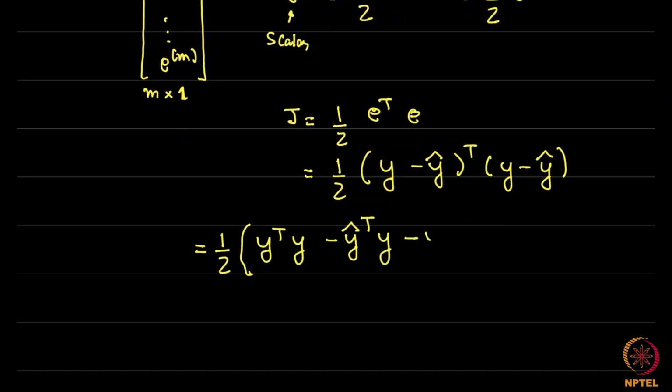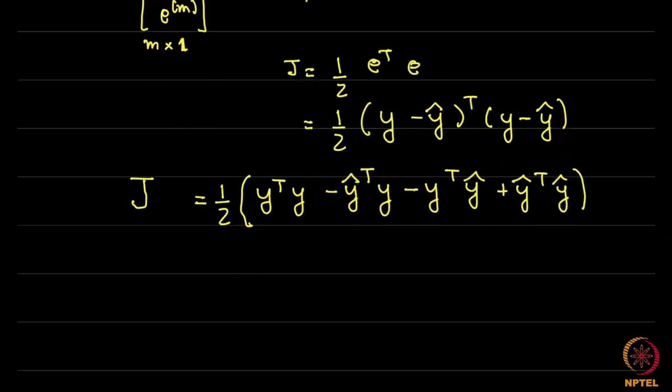So minus Y transpose Y hat. And the final term, which is plus Y hat transpose Y hat. Okay. So these are the four terms. This is, of course, equal to J.